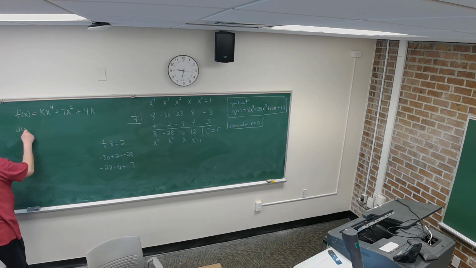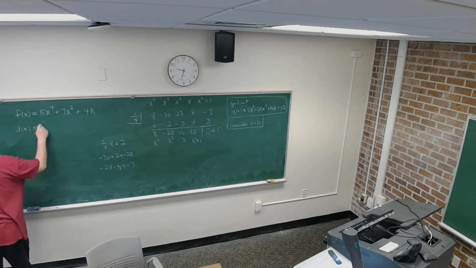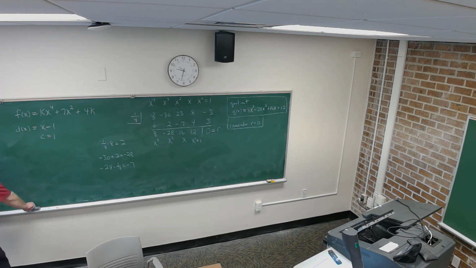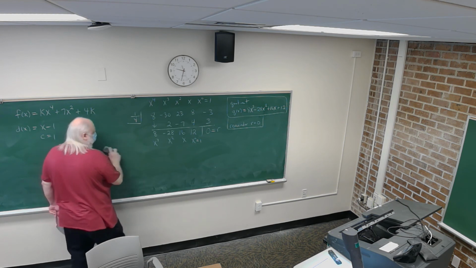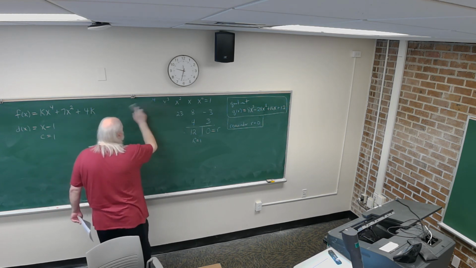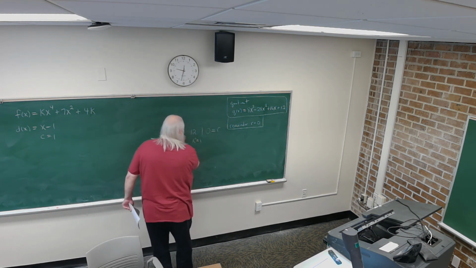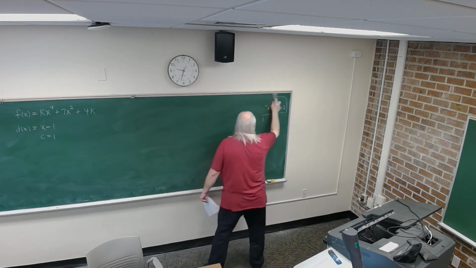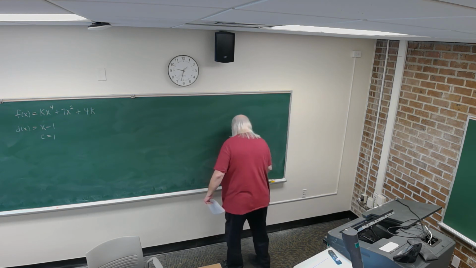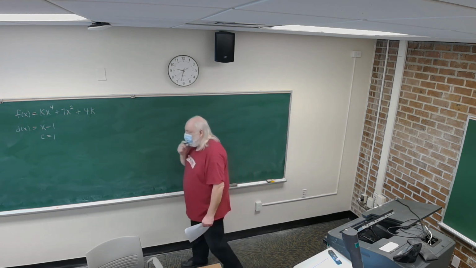Our divisor d of x is x minus 1, which means c is equal to 1. Now I'm going to set this up for you, but I'm not actually going to solve this problem using synthetic division. I think that's the long way. It's faster just to use the remainders there.